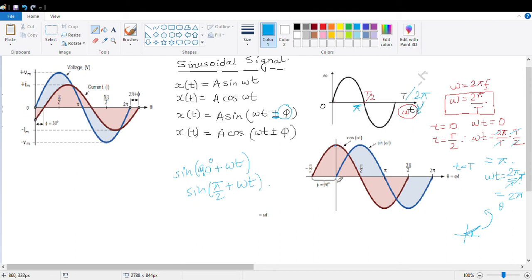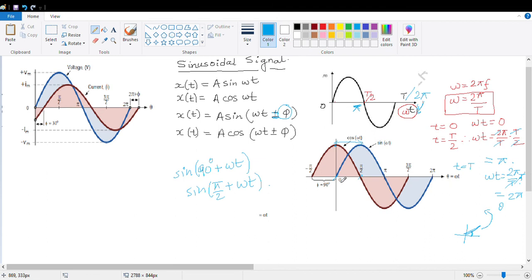So the cosine signal has a magnitude at 0, whereas a sine signal is 0 at time equal to 0. Okay. So now what is the phase difference between the sine signal and cosine signal? It is basically 90 degrees. You find that this is pi by 2 and this is 0.